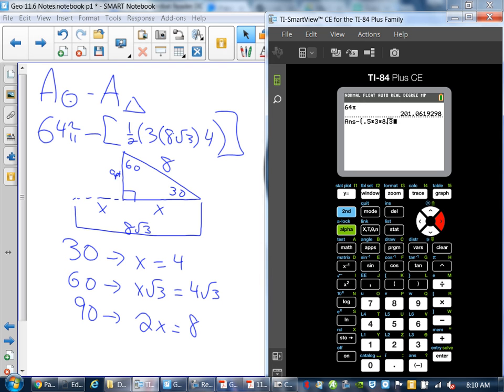And then times 4. 117.92 something squared. It's a matter of piecemealing a couple things together. Okay.